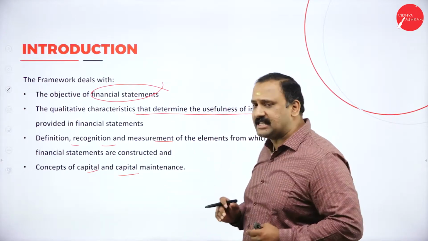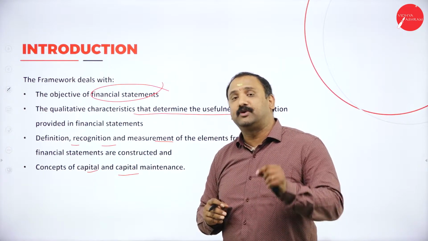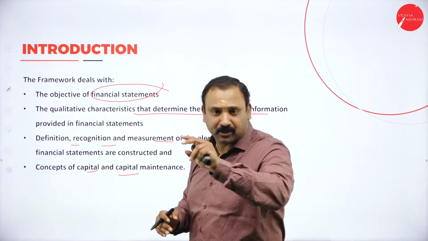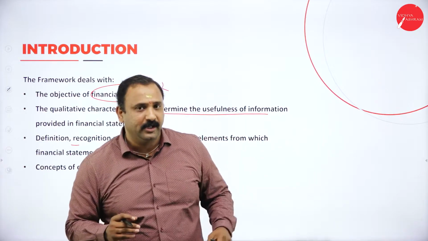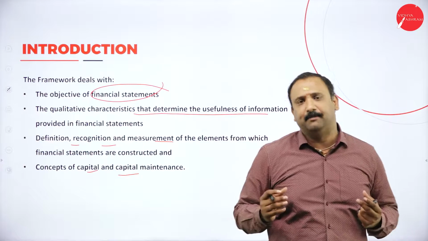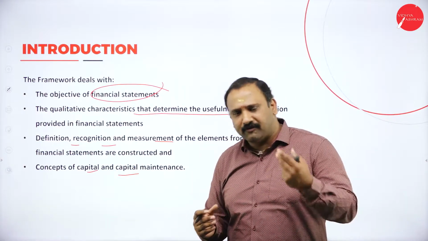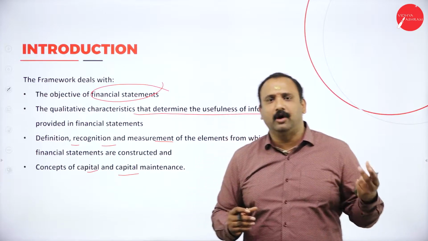The first thing is that the objective of any financial statement is to get a qualitative measurement, not just a quantitative one. When you look into any balance sheet, you are filled with numbers. There are a lot of subheadings, a lot of numbers, a lot of values that have been printed all together.